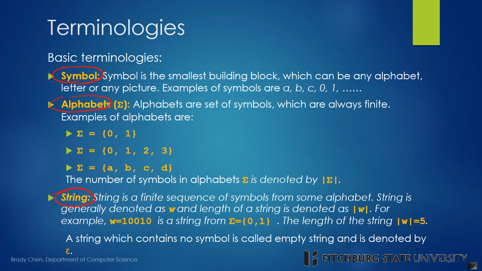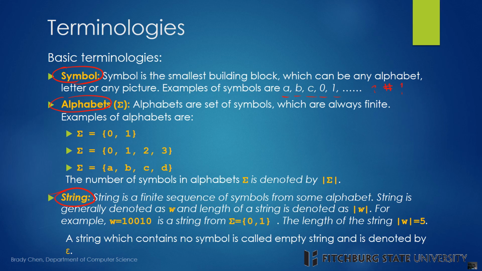It could be any letter or any symbol like the factorial or pound sign. Here are examples: A, B, C, 0, 1, any number, or question mark, and factorial. These are all symbols.